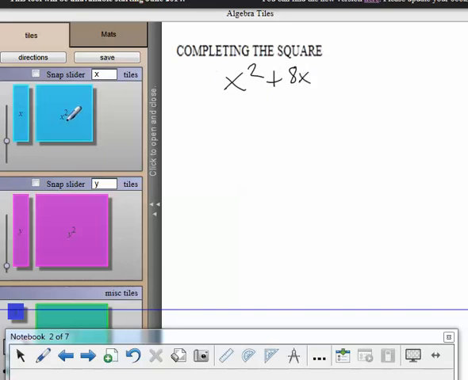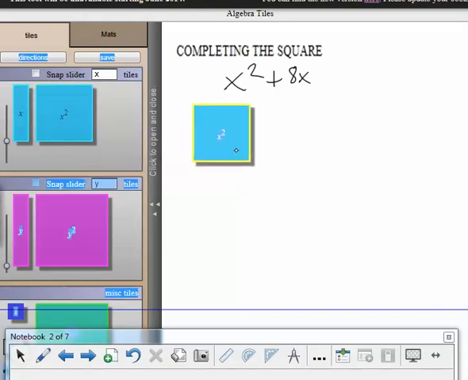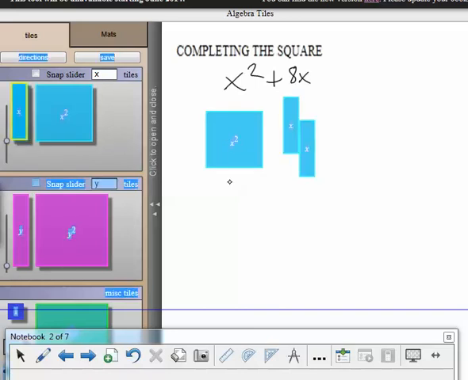It would be one x squared piece and then 8 of these. 3, 4, 5, 6, 7, 8. Did I get 8? I guess not quite. Well, I'm going to start arranging them because it says completing the square. The task is to make it a square.